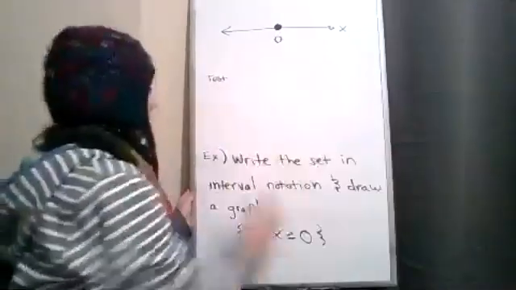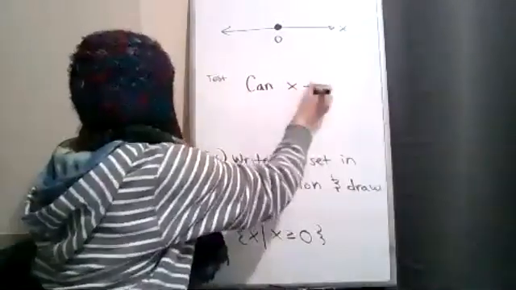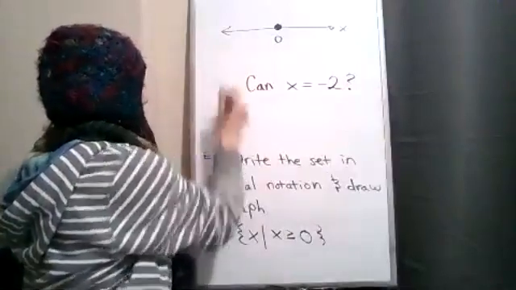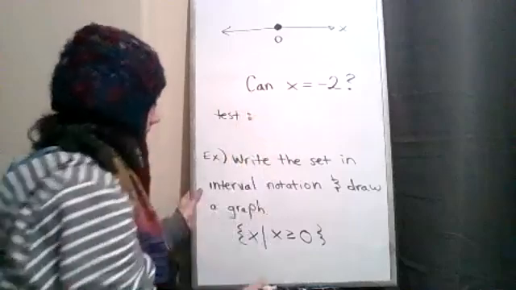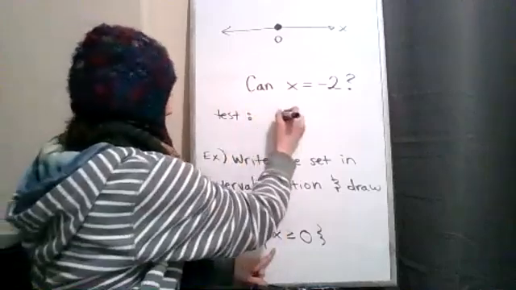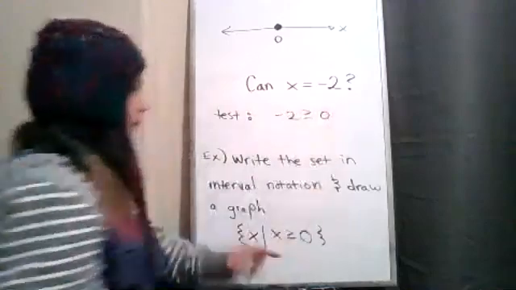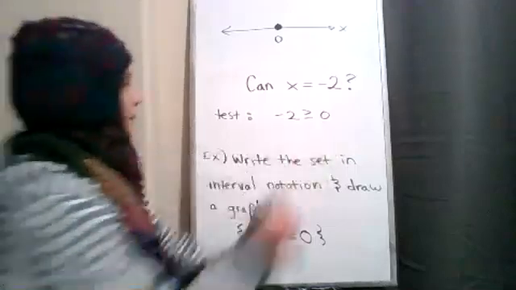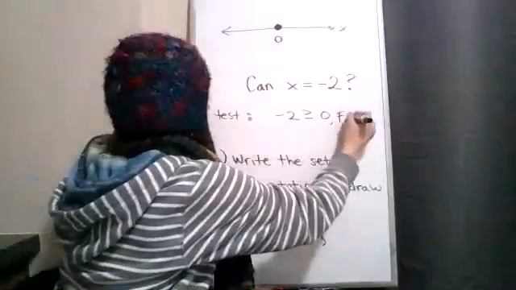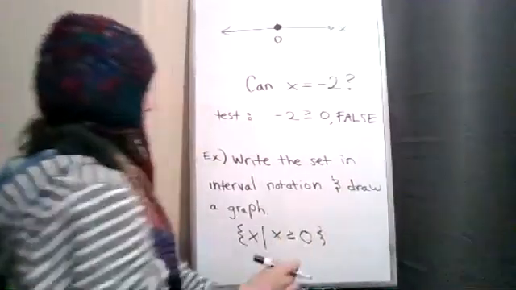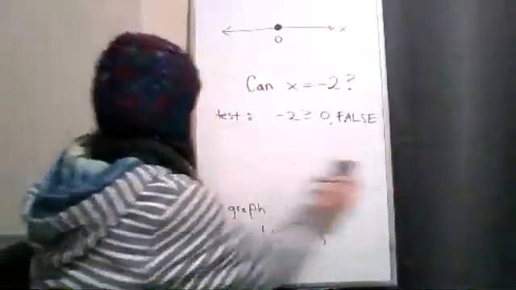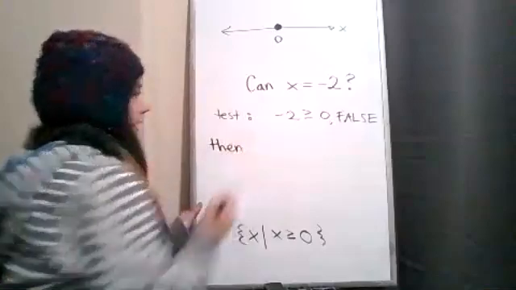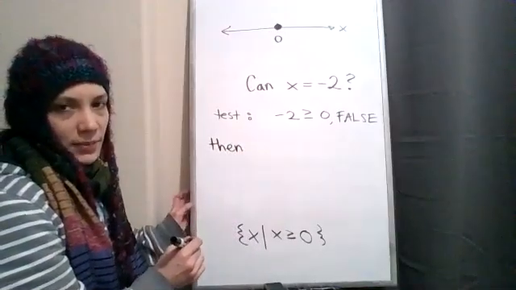I'm going to make this bigger. -2. So a negative number greater than or equal to 0 would be false. Then x cannot be -2.